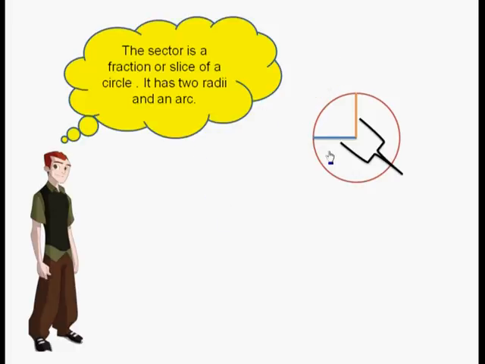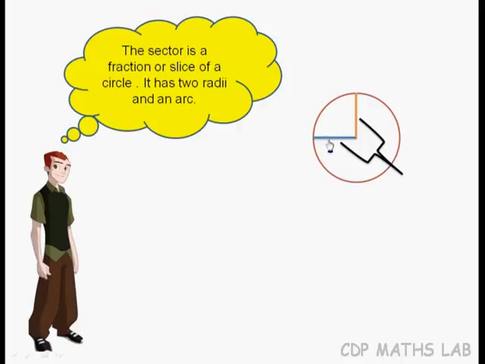The sector is a fraction or a slice of a circle. It has two radii and an arc, as you were shown before. So remember now that this section of the circle is a what? Sector.